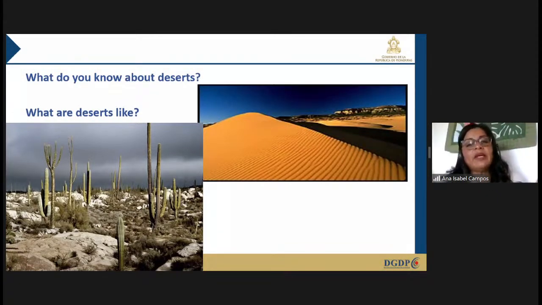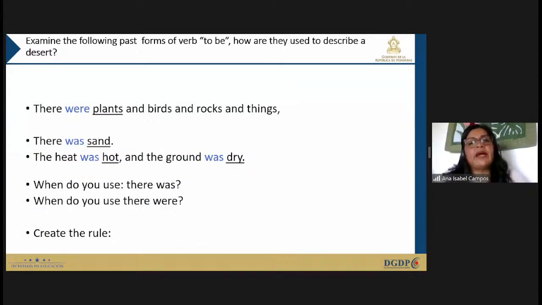And then we can begin saying, last year I visited Chile, and I went to Atacama's desert. Right? You as the teacher, you can personalize, and then you say, there was, there were, and you are beginning to introduce the forms that the students are going to need, right? Here, I was thinking about a song as well.